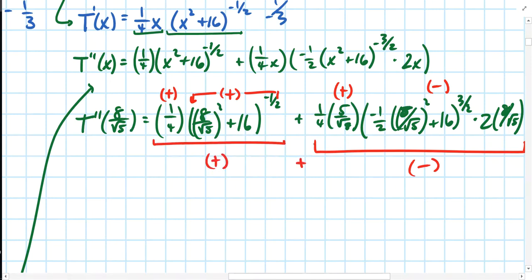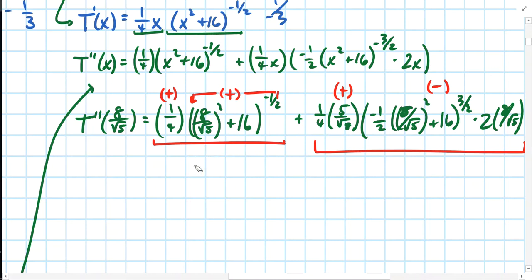And what we don't know is what's going to happen when we sum a positive number and a negative number. Sometimes that's positive and sometimes it ends up being negative. Now, if the absolute value of this was less than the magnitude of this, and if we could show that, then the sum would end up being positive. But if this absolute value is larger than this one, then our end result would be negative.